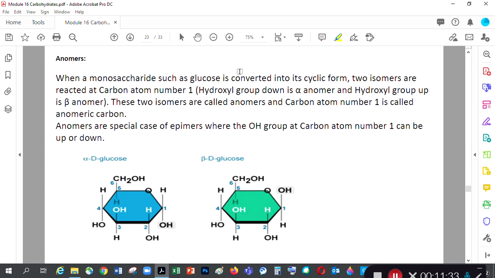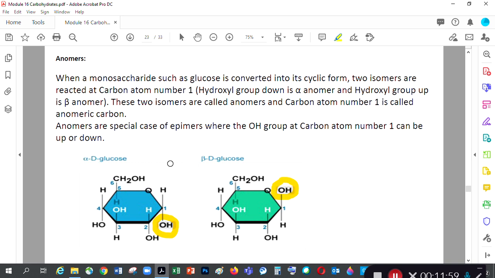And now we have anomers. Anomers concern the carbonyl group or aldehyde group, which will have an OH attached to it. If the OH is at the bottom, this is alpha, correct? If the OH is up, this is beta, correct?